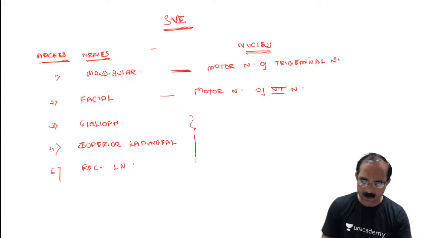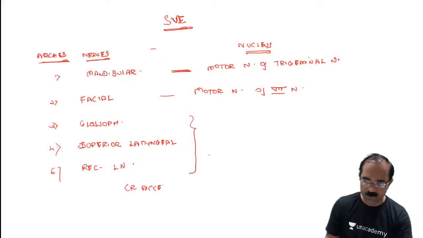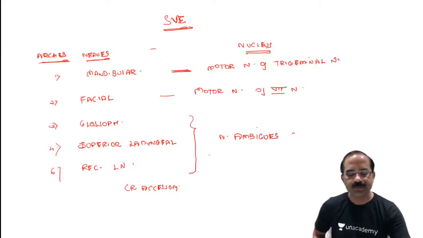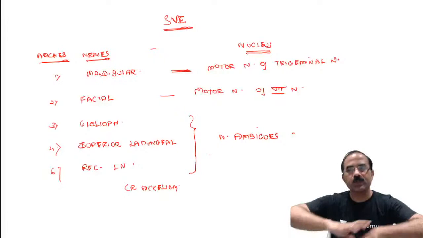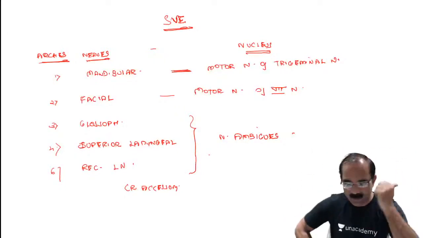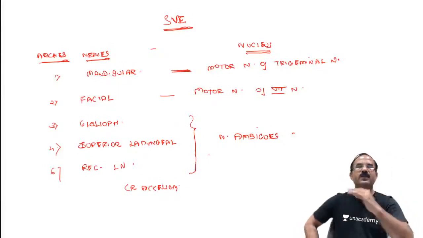And for the 9th, 10th and the cranial accessory also, that's nucleus ambiguus. So nucleus ambiguus is going to supply the muscles of which pharyngeal arch? The 3rd, 4th and 6th arches.